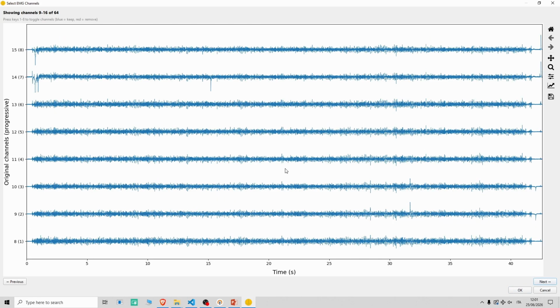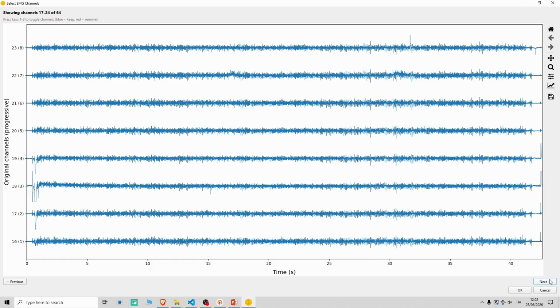Fortunately, here in this example, we also have some artifacts, probably movement artifacts or contact artifacts. And when you see them, you can see the two channels at the top. When you see that there are problematic channels, these usually should be excluded from the decomposition. We can click the corresponding button on the keyboard and select them.